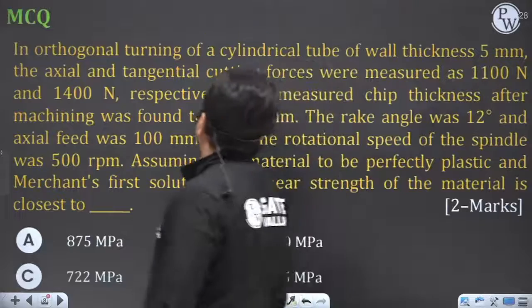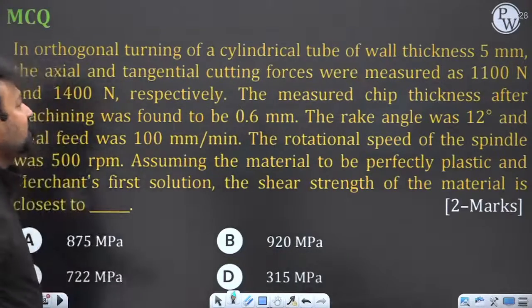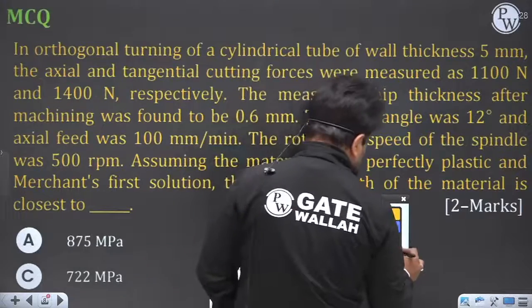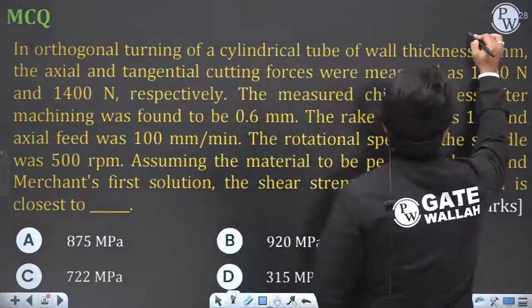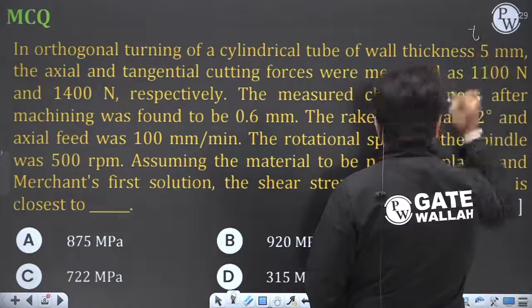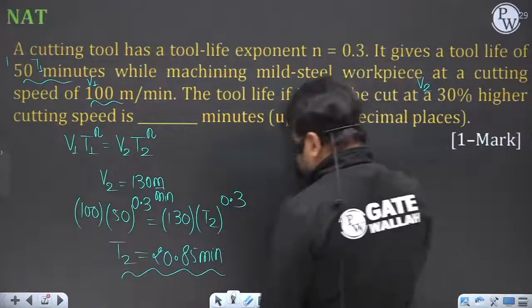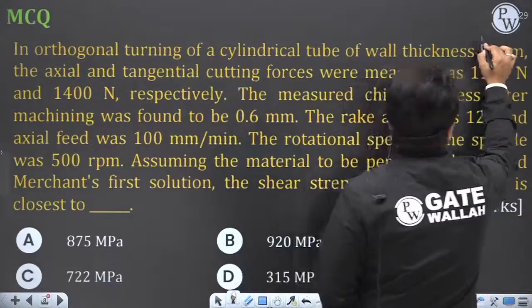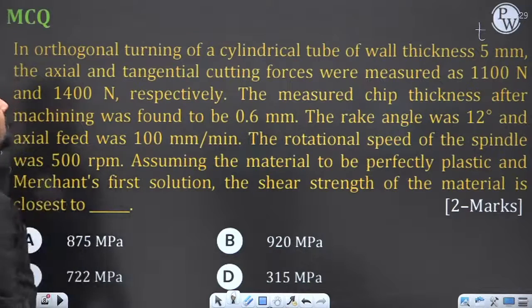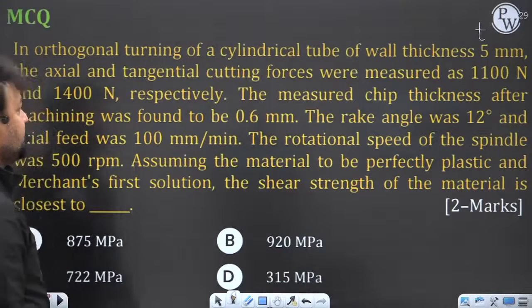In an orthogonal turning of cylindrical tube of wall thickness, here the wall thickness is given. Let's say it is T. The axial and tangential cutting force were measured.